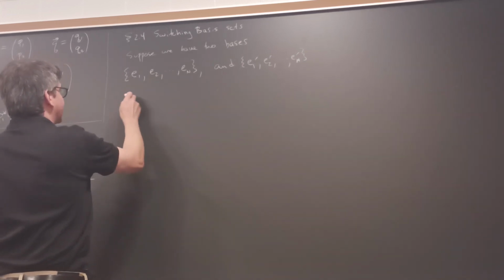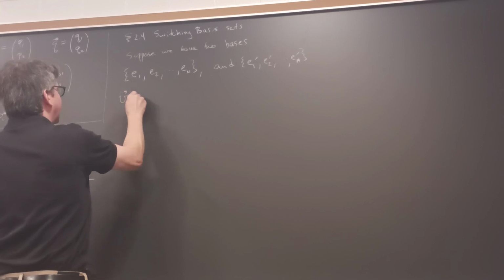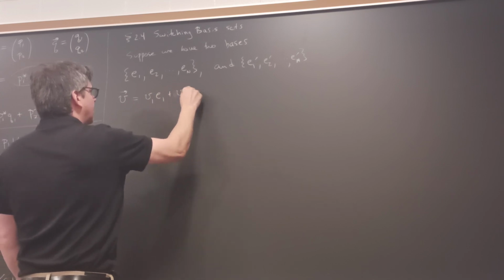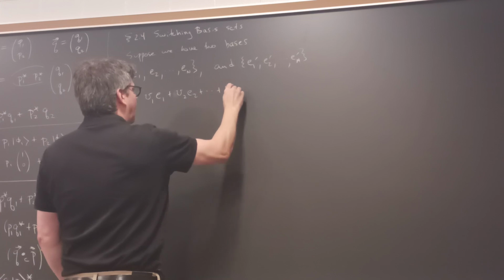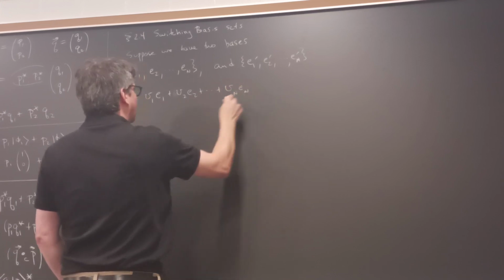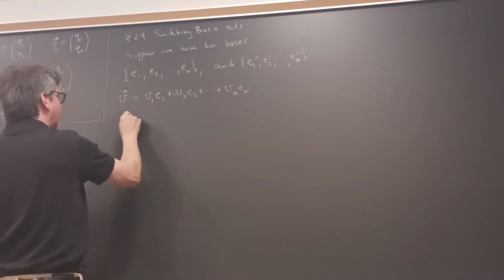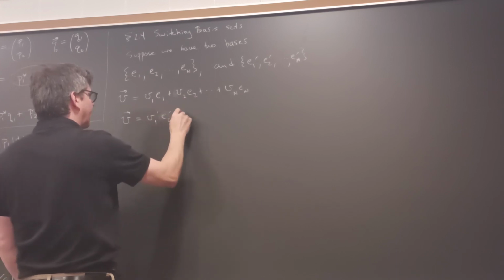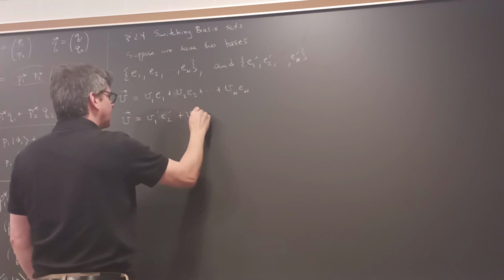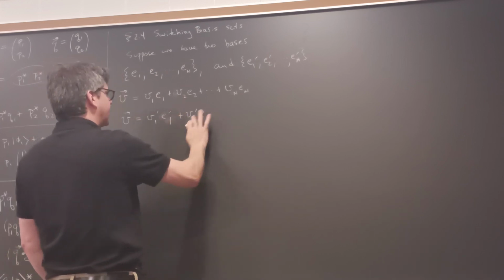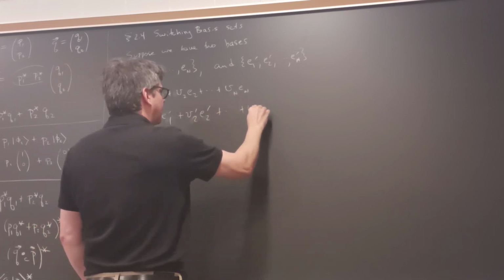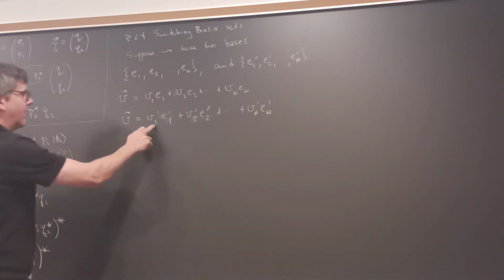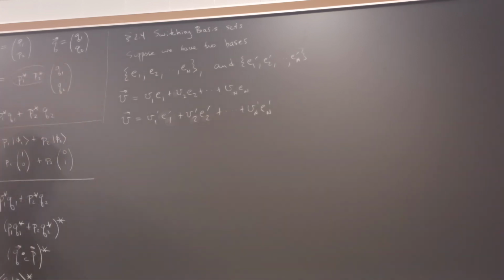So the same vector V we can write in terms of the first basis, or we can write the same V in terms of the second basis, but with different coefficients, the primed coefficients.